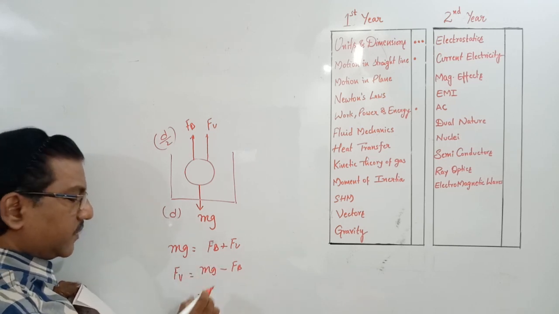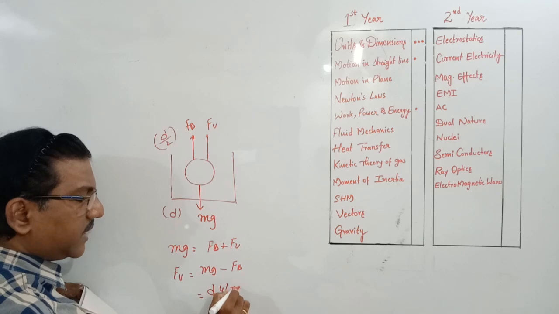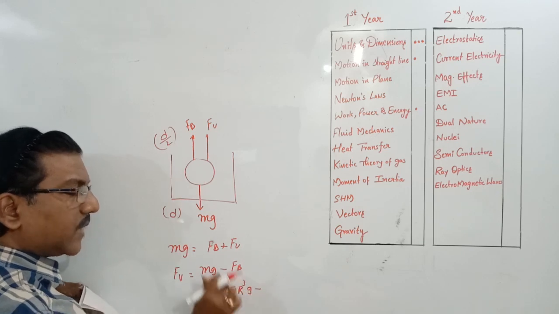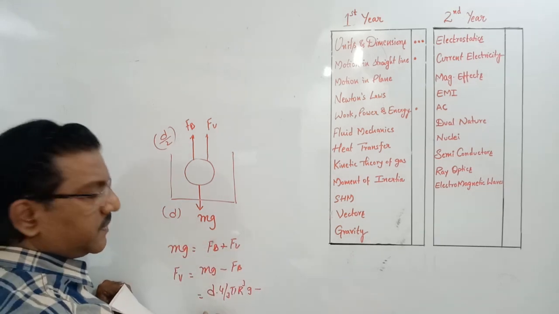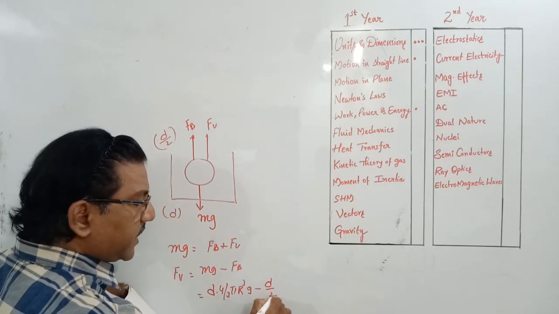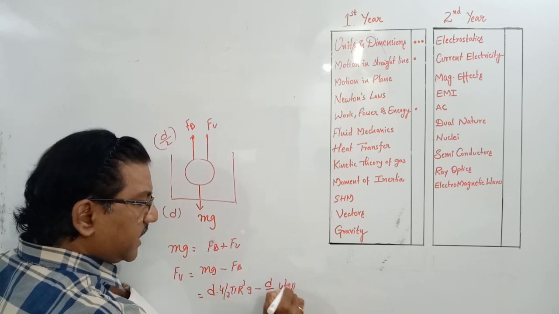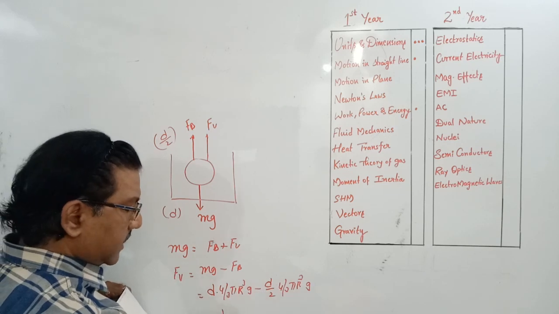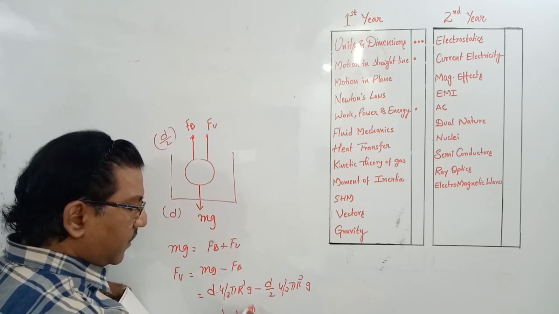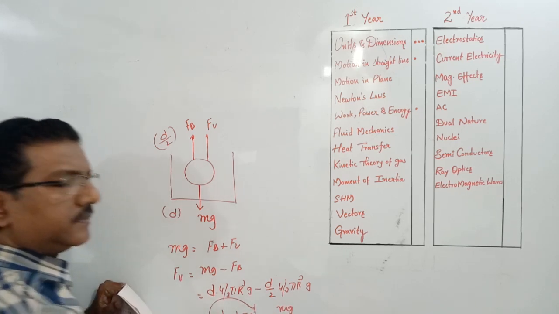Density into volume. Density d, volume 4 by 3 pi r cube g. What is fb? That you have to apply Archimedes principle. Density d by 2. How much liquid is displaced? Same, 4 by 3 pi r cube g. Answer: d by 2, 4 by 3 pi r cube g. What is it? Nothing but mg by 2.